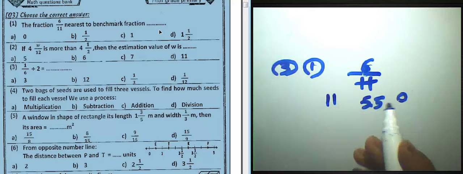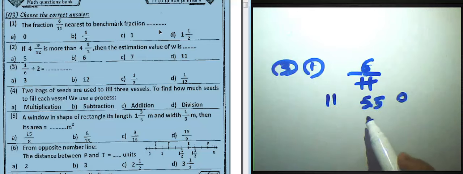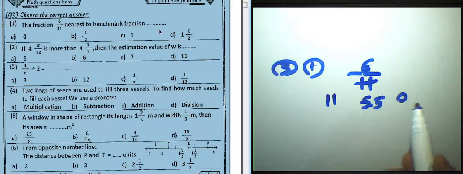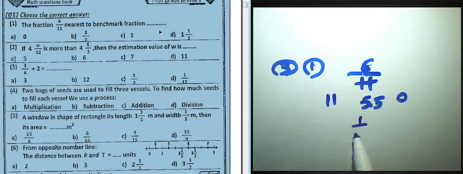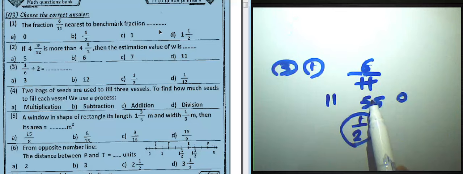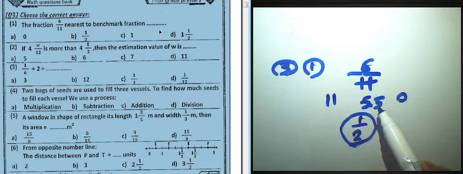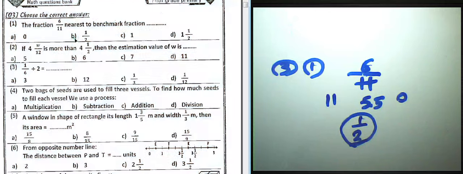So you have a long distance between 11 and 6. So 6 is nearest to half of 11. So the benchmark tells us 6 over 11 will be nearest to half. Okay, again, the fraction 6 over 11 is nearest to which benchmark fraction? Right, half, because half of 11 equals 5.5 and 6 is nearest to 5.5. So we must choose letter B for question number 1.